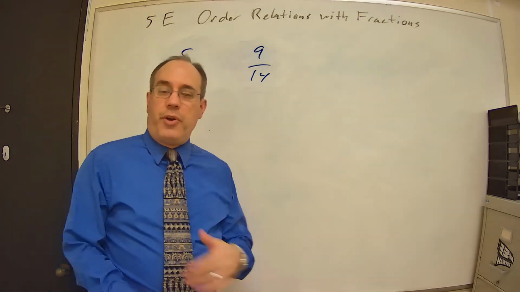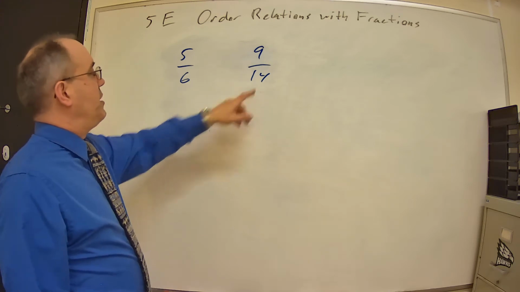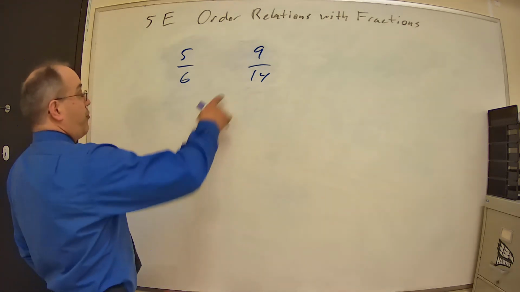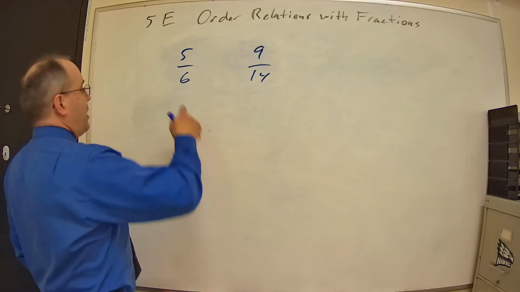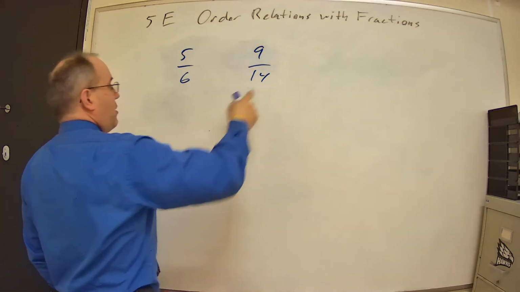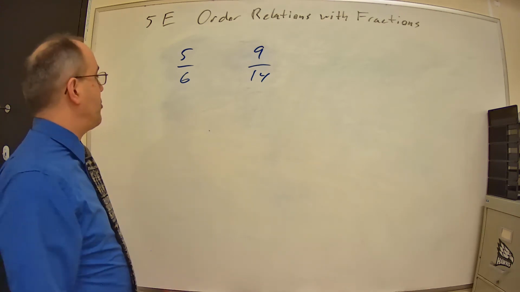Well, if I want to do the comparison, let's get them to a common denominator. Well, 6 and 14. 14 is not a multiple of 6, so that's not going to work. I could multiply 6 times 14, but I think I might be able to do something a little simpler than that.